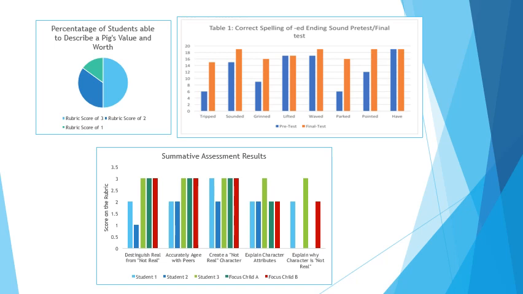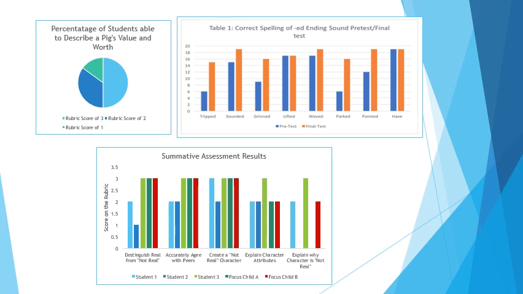But it also tells us which of the words were more difficult for the children as a whole, right? So you can see that grinned was clearly more difficult than waved and sounded.